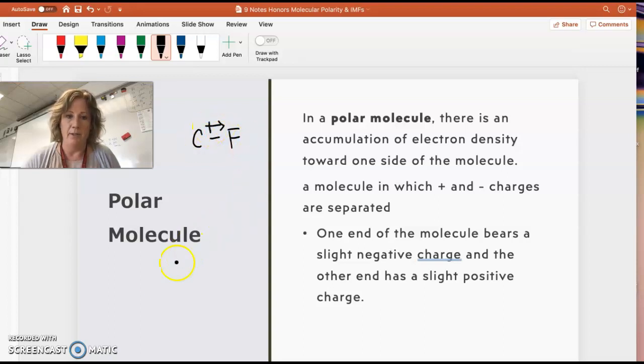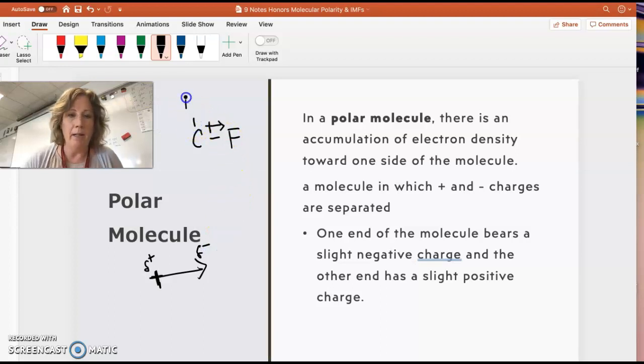So then we would draw this dipole pointing towards the one with the higher electronegativity and away from the one with the lower. And then this becomes partially positive on the end that it pulls away from and partially negative on the end it pulls towards.